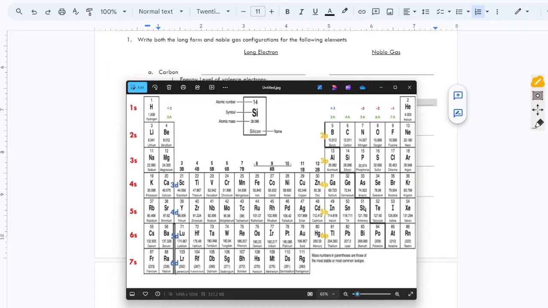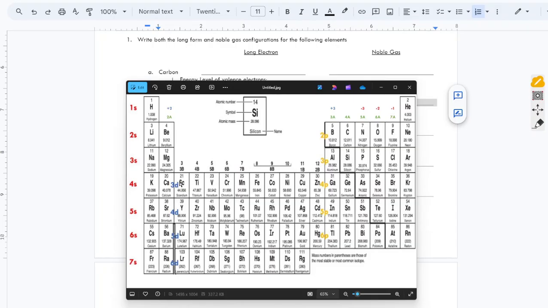Is it right in front of me? Did I miss it already? There it is, vanadium. We got it. So vanadium is number 23.